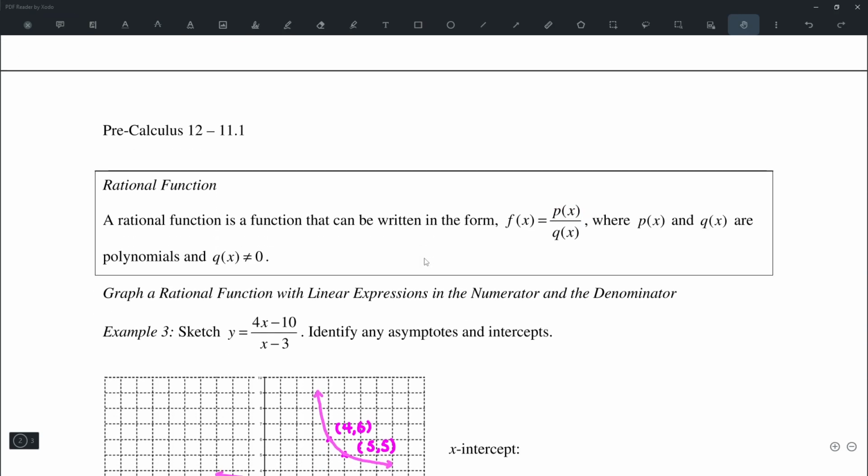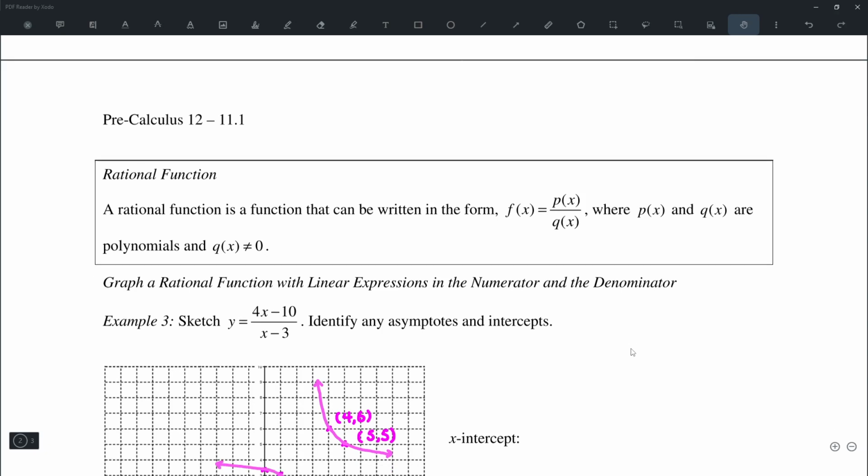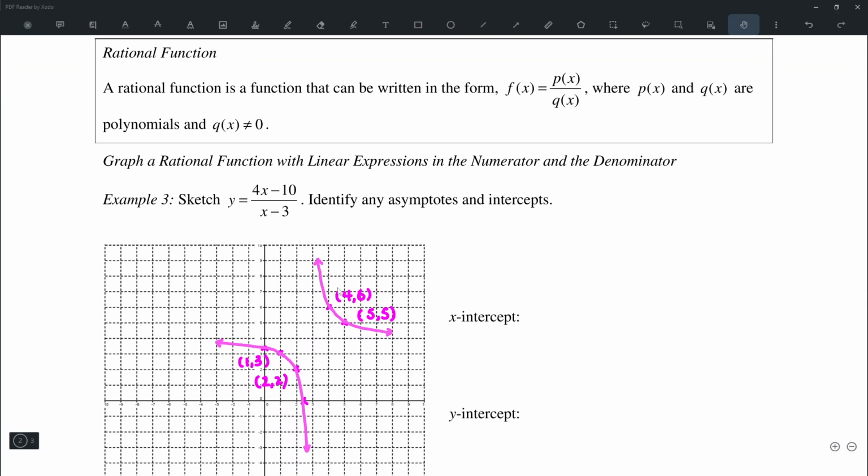So in our first rational function example, that looks a little bit different than before, we have 4x minus 10 over x minus 3 in example 3. The sketch is already there, but how do we make the sketch? Well, we need to consider that y is also equal to 4x minus 10 divided by x minus 3.